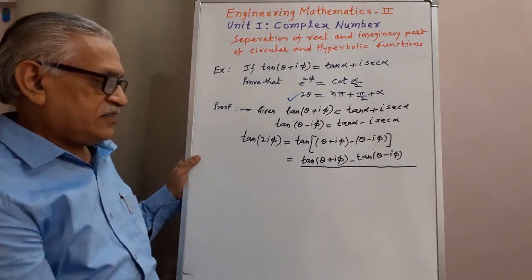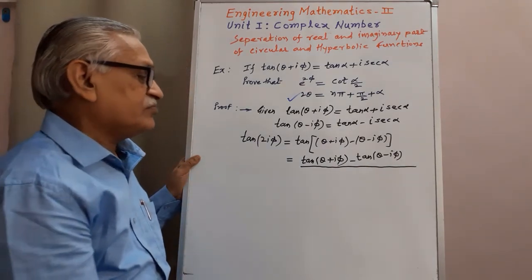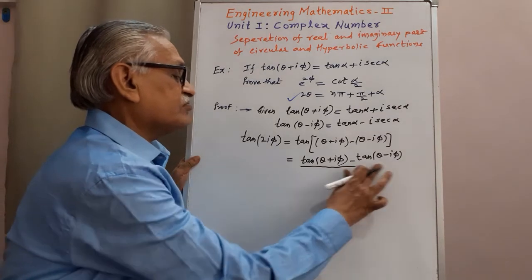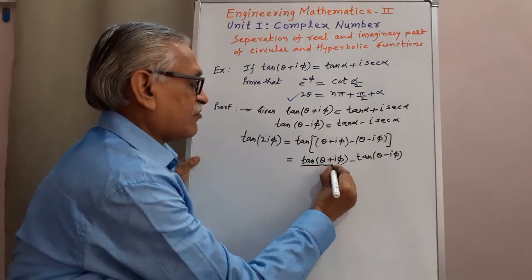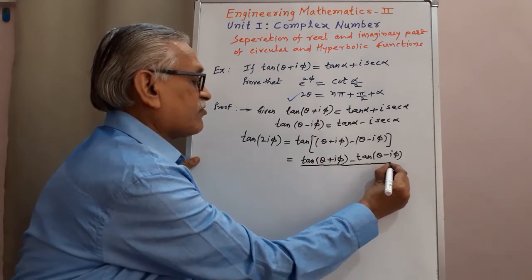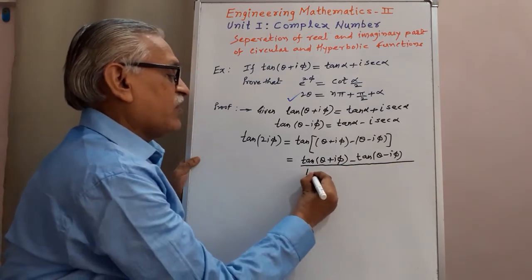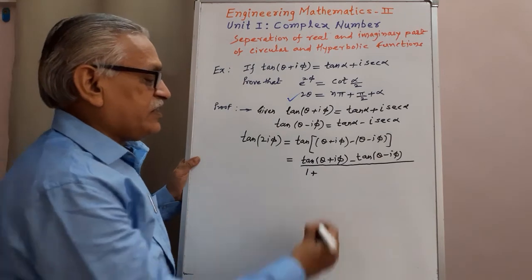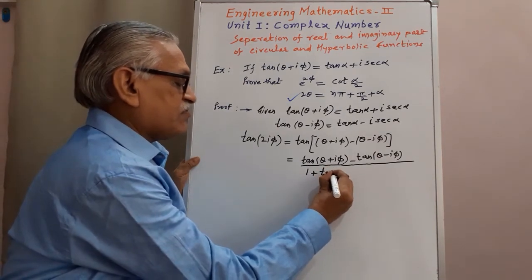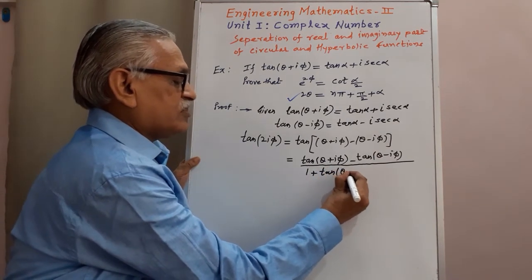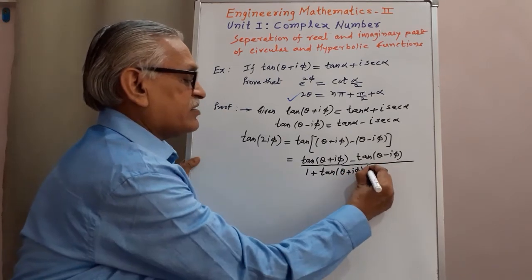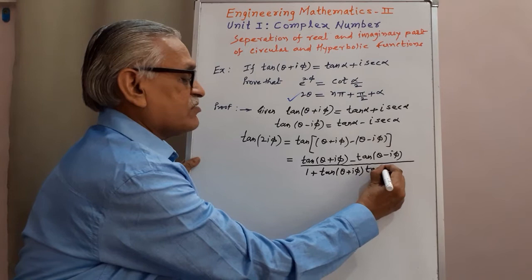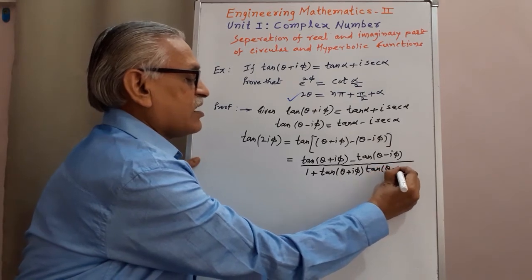divided by 1 plus tan A tan B, tan of theta plus i phi and tan of theta minus i phi.